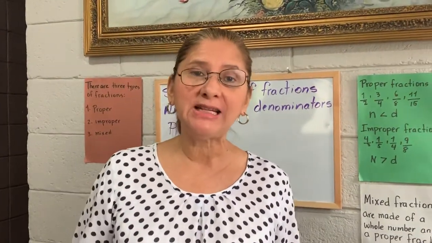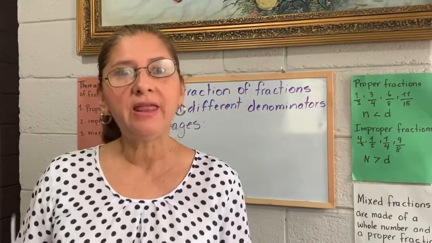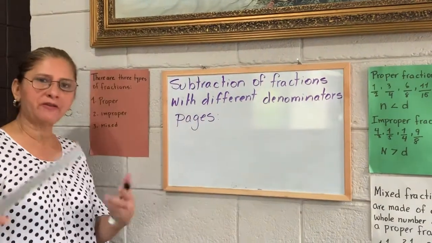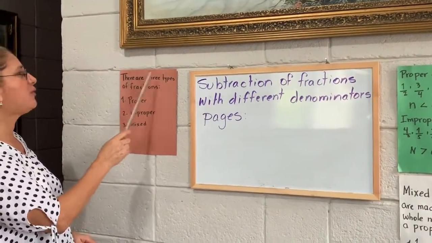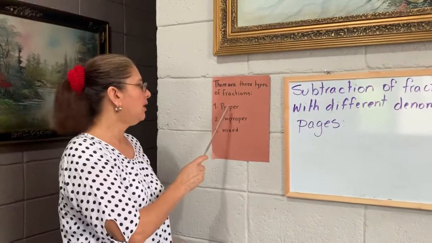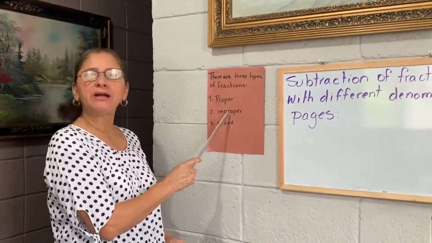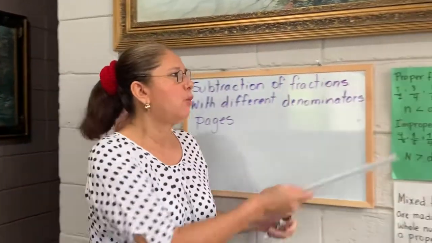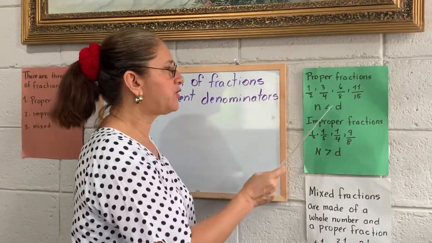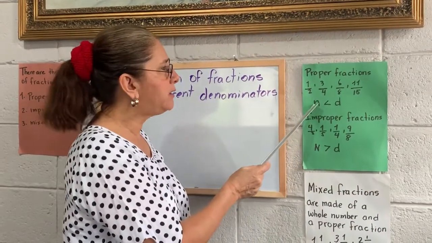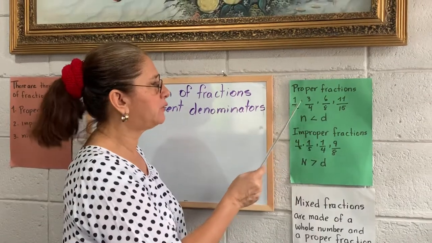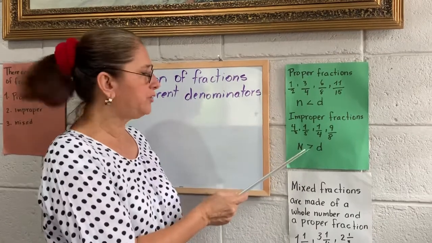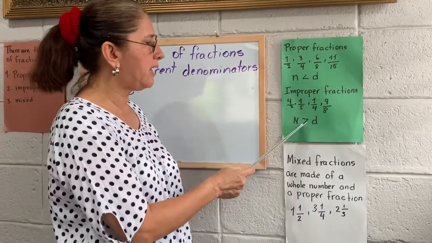But in the last class, I explained how to add fractions with different denominators. Let me refresh your memory. There are three types of fractions: proper, improper, and mixed fractions. What are proper fractions? A proper fraction is when the numerator is less than the denominator. Improper fractions are those where the numerator is greater than the denominator.